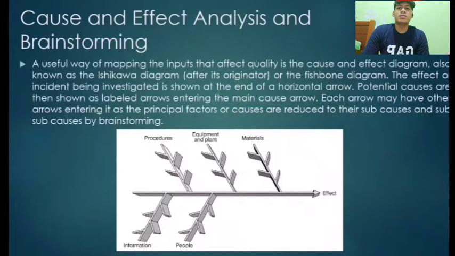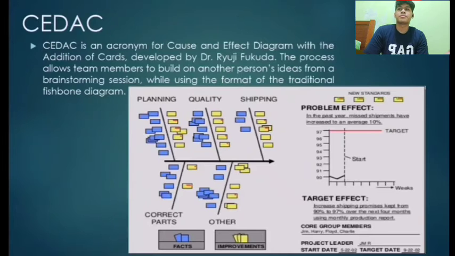So as we can see, para siyang fishbone. The effect or incident being investigated is shown at the end of a horizontal arrow. So dito sa mga parang tinik na to, sa mga fish bones, makita natin dito yung mga cause na ating i-imply sa problema, and then sa dulo is we have the effect.